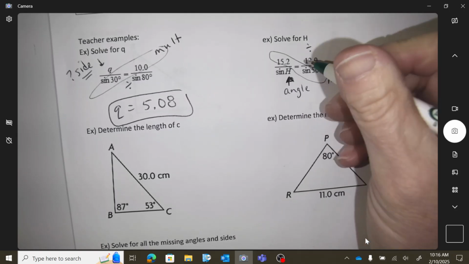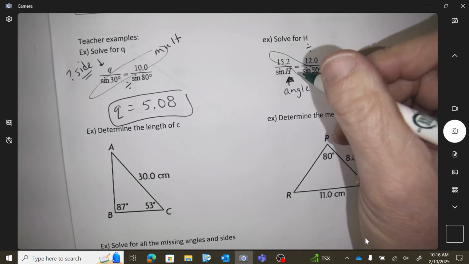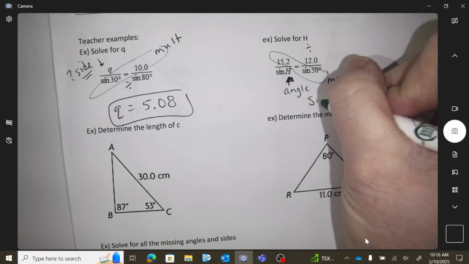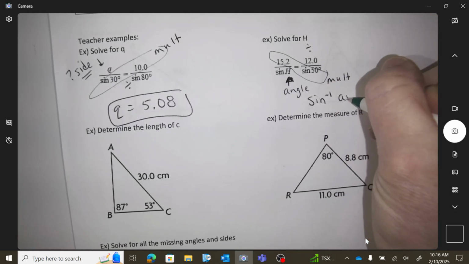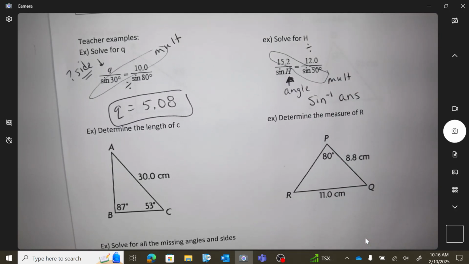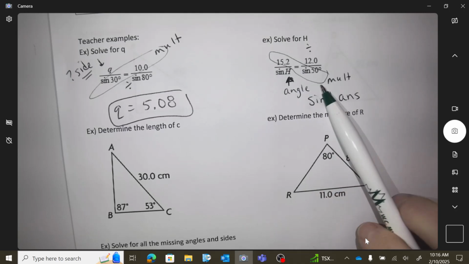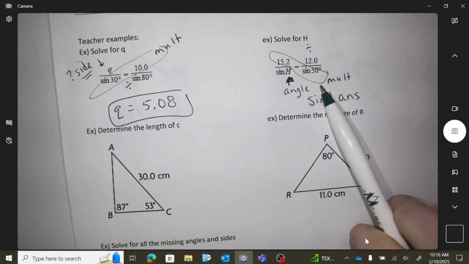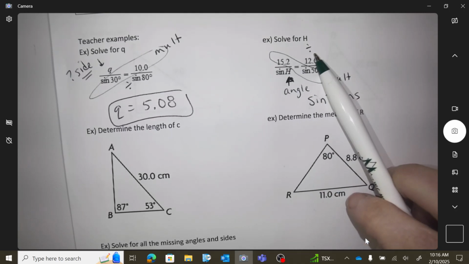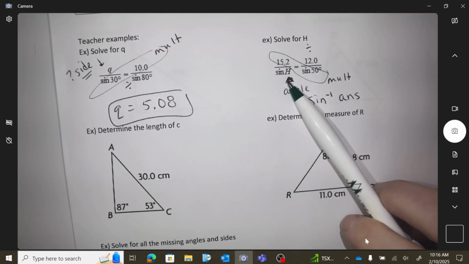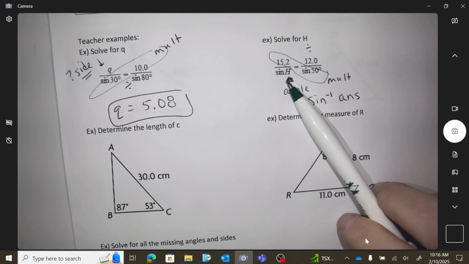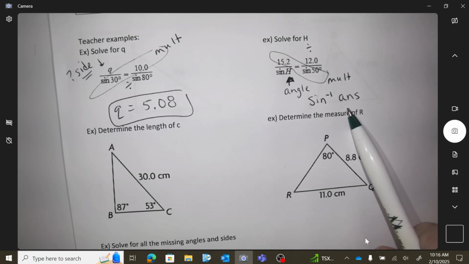To get angles, you're going to have to push the inverse button. So this times this, divide by the lonely one, then that's what I get for sine H. To get H, I have to sine inverse.